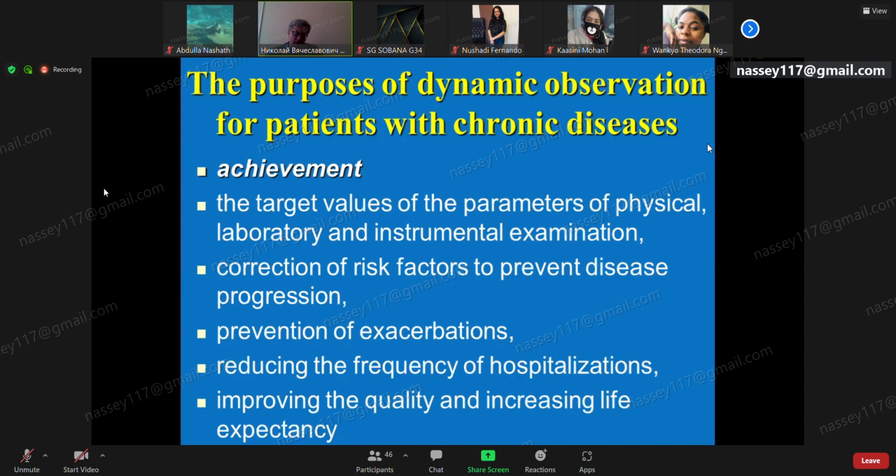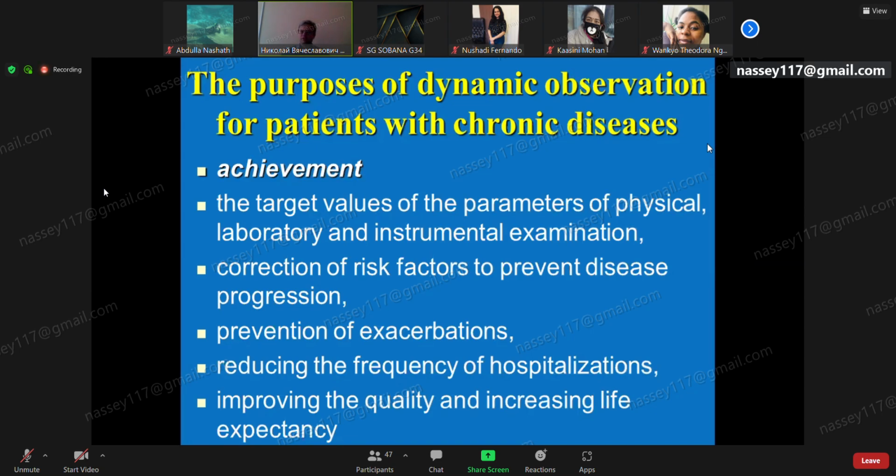Also, another goal of secondary prevention is reducing the frequency of hospitalization. Why is this task so important? You can ask me, and I can explain, of course.